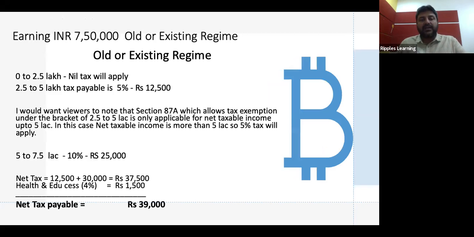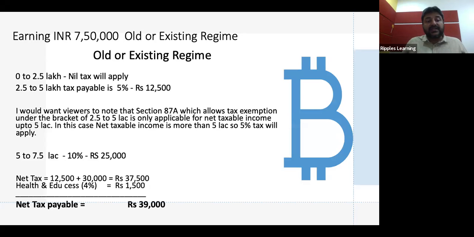Now let's calculate. This is the new regime actually, not the old and existing regime. When you look at the new regime, 0 to 2.5 lakh, 0 tax will apply. 2.5 to 5, 5% tax on 2.5 lakh, which is 12,500, would apply. However, 5 to 7.5 lakh, as per the new regime, the rate of taxation is 10%.